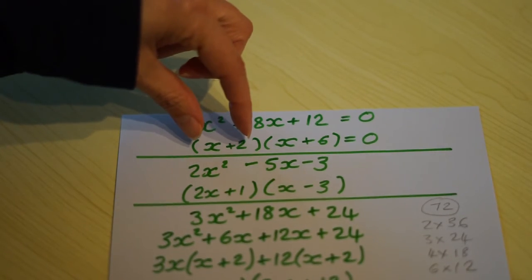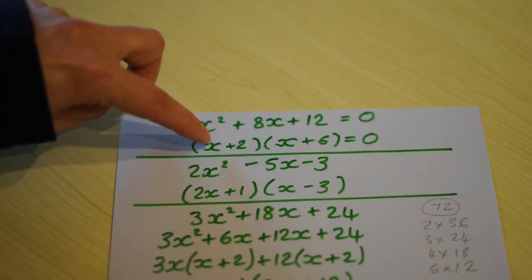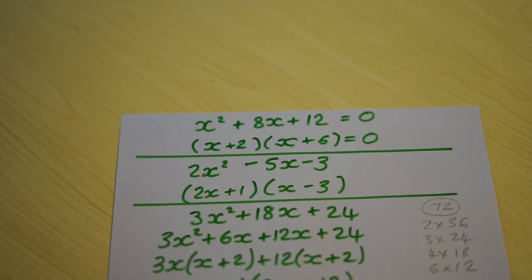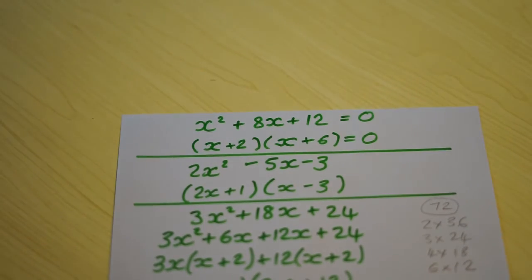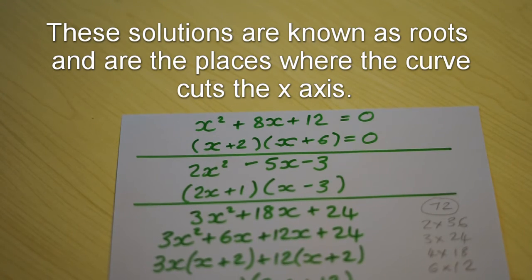So this bracket equals 0 when x is minus 2, and this bracket equals 0 when x is minus 6. So x equals minus 2 and x equals minus 6 are the solutions to this quadratic equation.